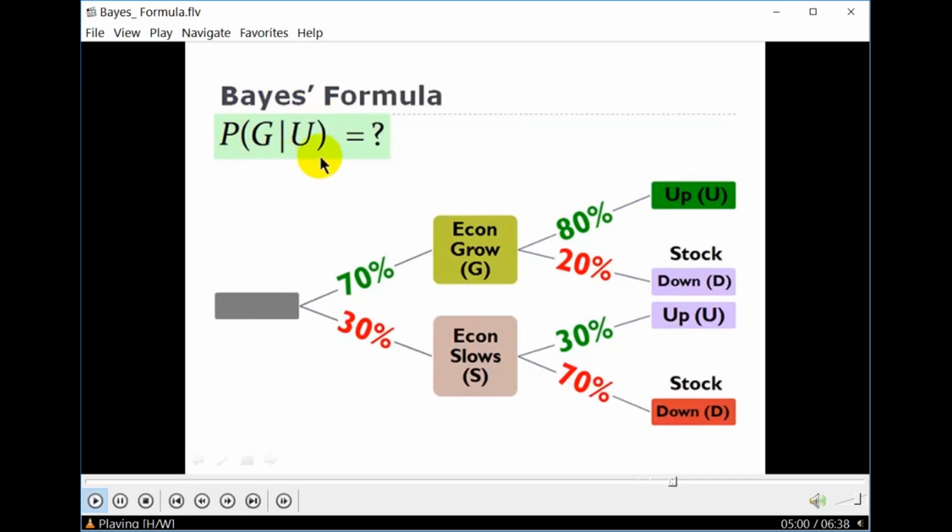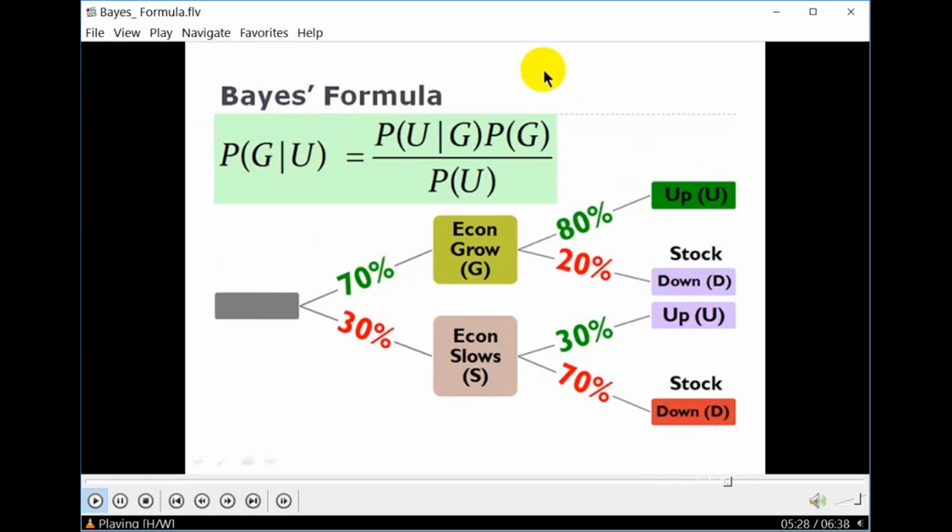Given that I observe the stock went up, that means it either went up here or here. What is now the conditional probability that the economy will grow? We know the unconditional probability of the economy growing is 70% before the year, but after the year, if we have new information that the stock went up, this changes our perspective on the probability that the economy grew. And to get that, we can apply the Bayes theorem. So that formula right here.